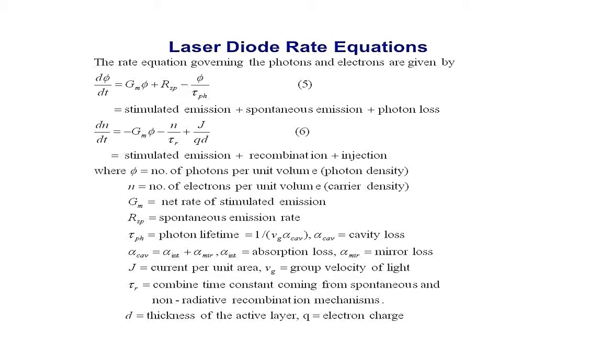J is the current per unit area and Vg is the group velocity of the light. τR is the combined time constant coming from spontaneous and non-radiative recombination mechanisms. D is the thickness of the active layer, and q is the electron charge.